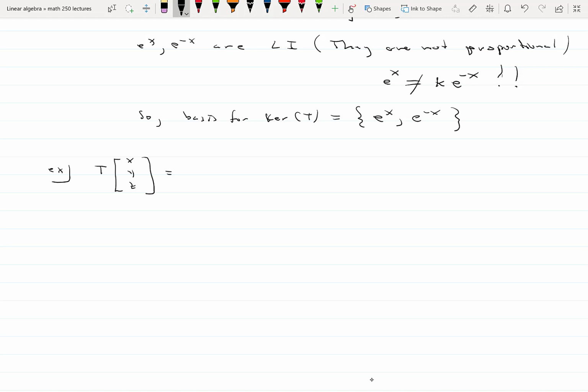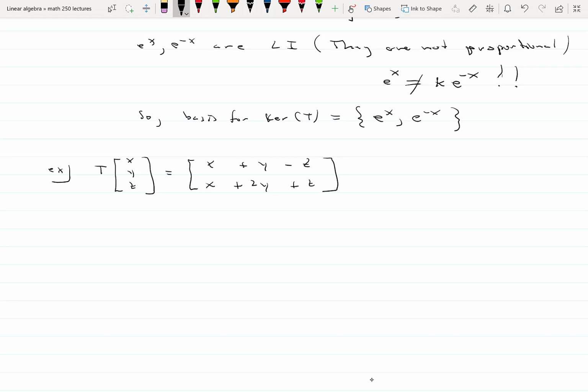Let's consider our matrix transformation T of x, y, z equals x plus y minus z. You're probably getting sick of looking at this same linear transformation. We're in the final stretch of the final stretch, though, so bear with me.